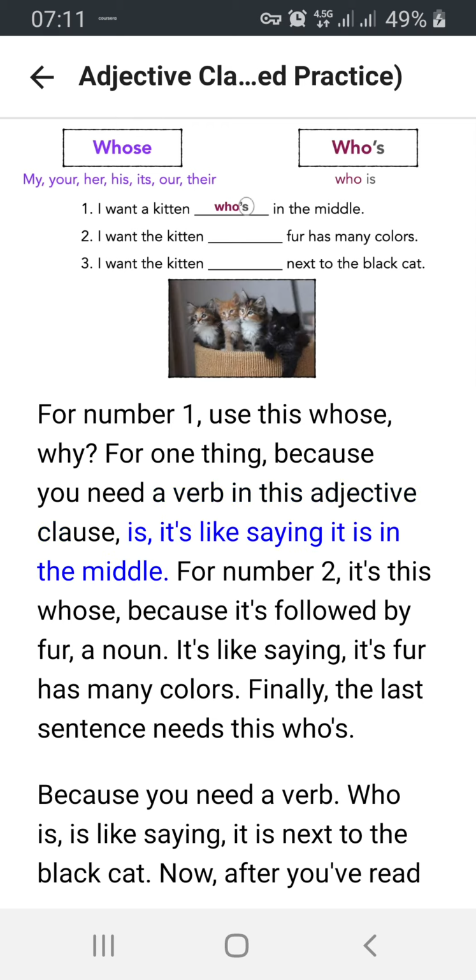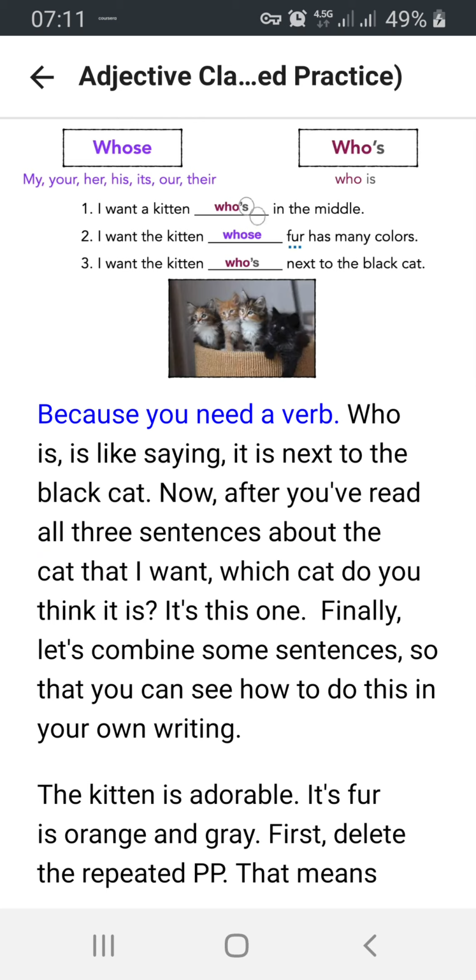It's like saying, it is in the middle. Okay, for number 2, it's this whose, because it's followed by fur, a noun. It's like saying its fur has many colors. Finally, the last sentence needs this who's, because you need a verb. Who's is like saying it is next to the black cat.